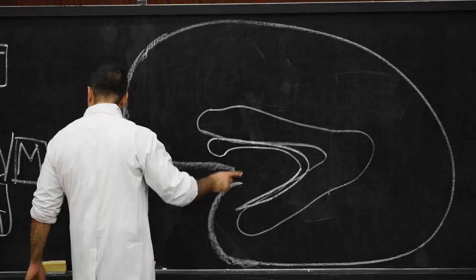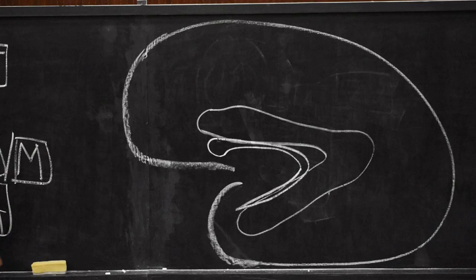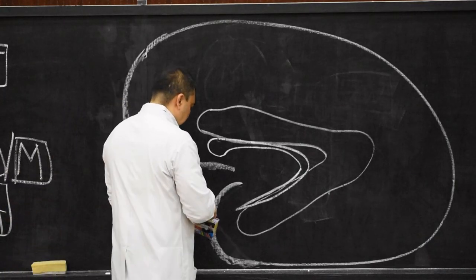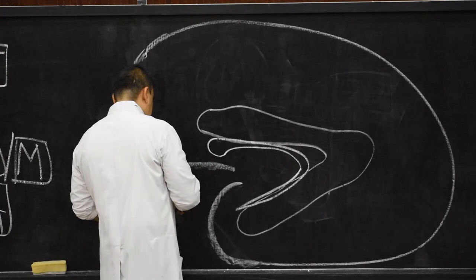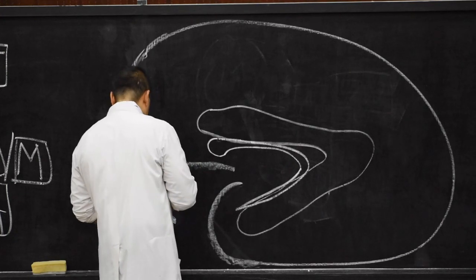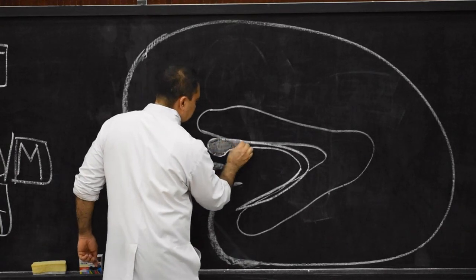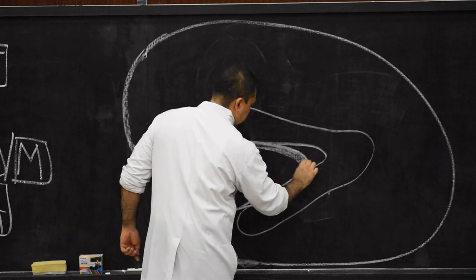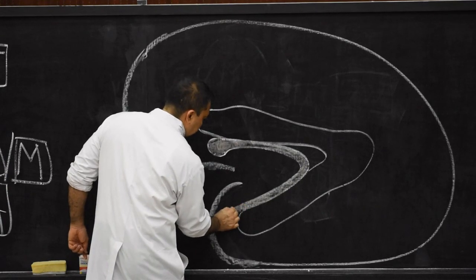Here we will show this with various different colors, so it will be easy to identify. Let me take orange color to show this corpus striatum. So here is where I will show the corpus striatum, and we know the amygdaloid nucleus also.